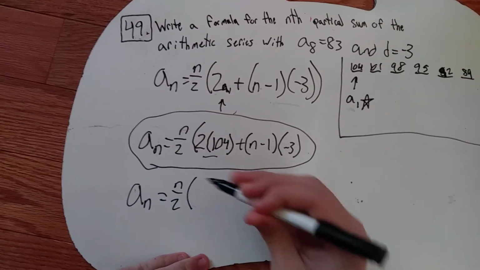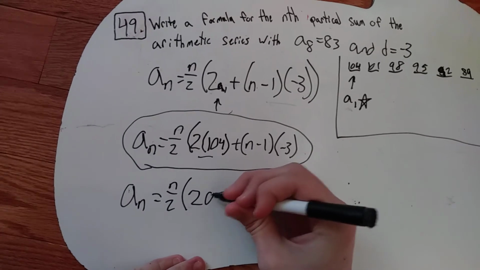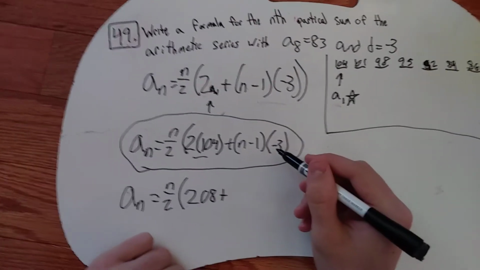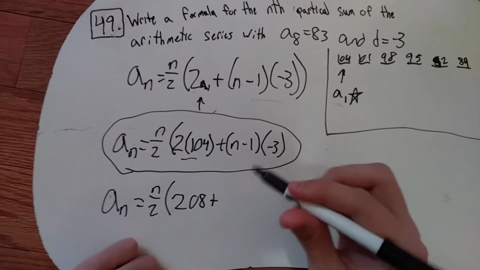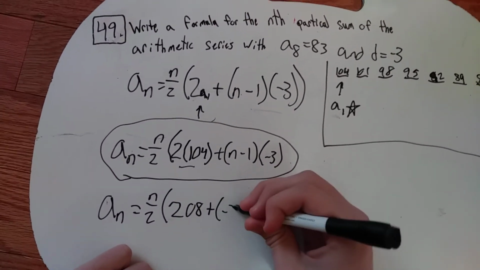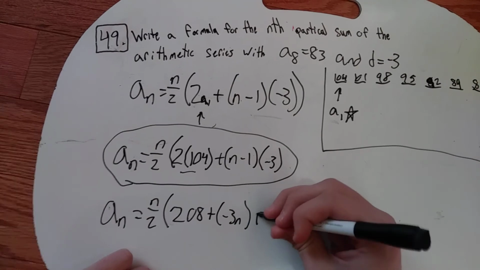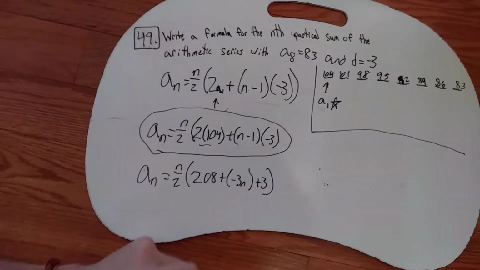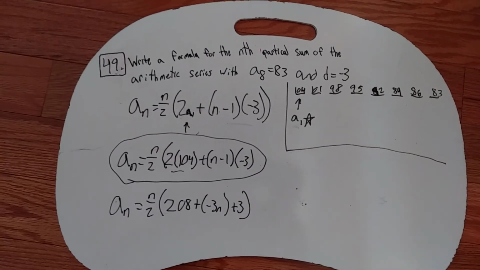Multiply these two out. You have 208. Did you just do that in your head? I did. Math Boy, you're a genius. Thank you so much. And then if you wanted to distribute these, it'd be negative 3n plus 3. And that is how you do 48 and 49. That is awesome.